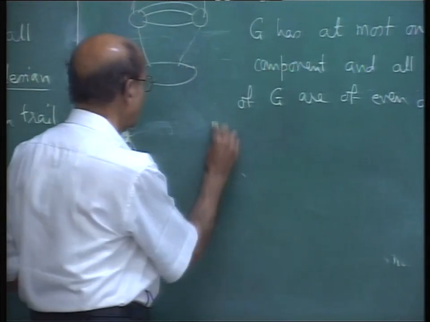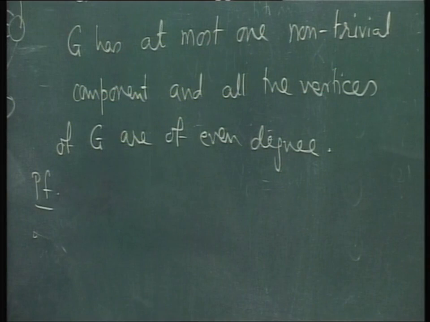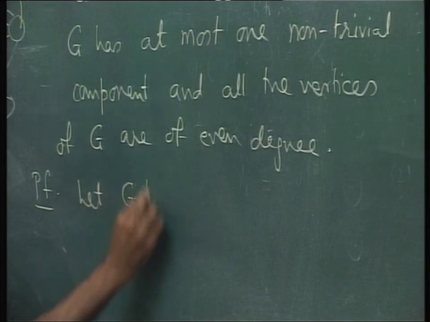Proof. Clearly, let G have an Eulerian circuit.